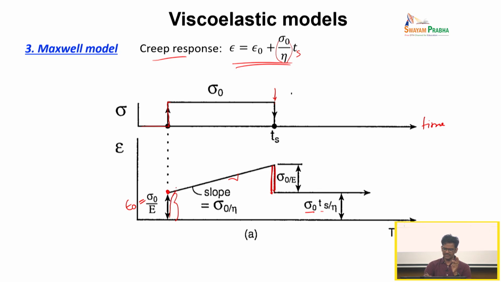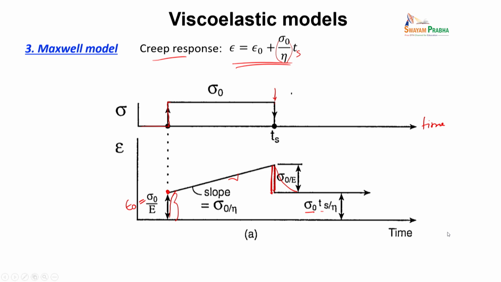Sometimes real materials will not behave like this. There will be a small dynamics here as well as a small dynamics here also. Okay. But as far as this Maxwell model is concerned, this is how you would expect the material to behave under constant load. You can also note that this height and this height are the same thing, because both are the elastic response, which immediately shoots up and shoots down when you remove this stress.